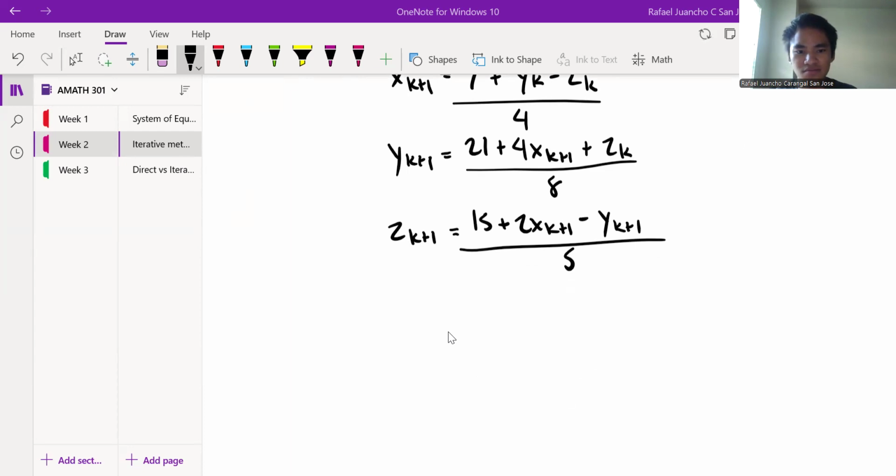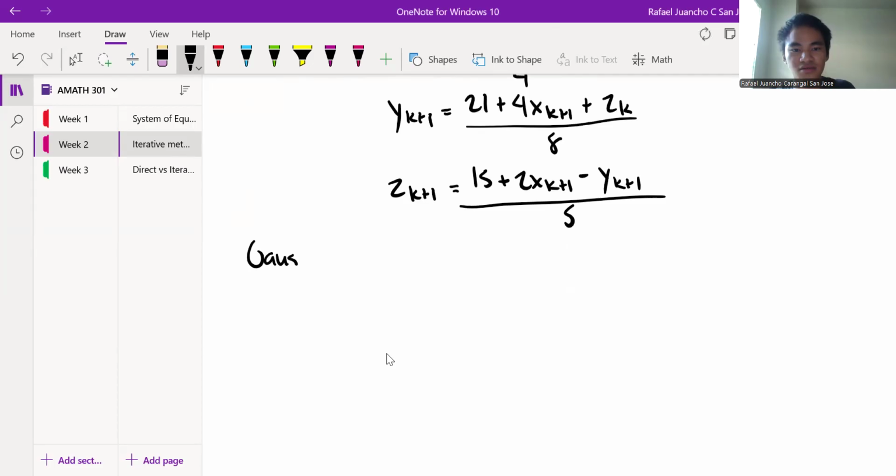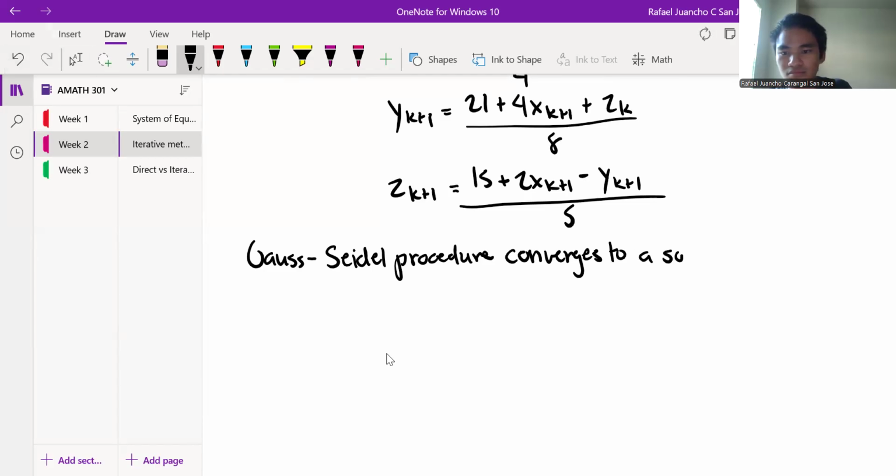Okay. So here we're saying that the Gauss-Seidel, they call it a procedure here, converges to a solution faster. So if we use our linear system example, in half the number of iterations.